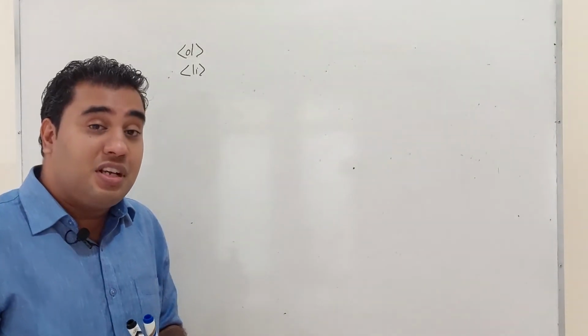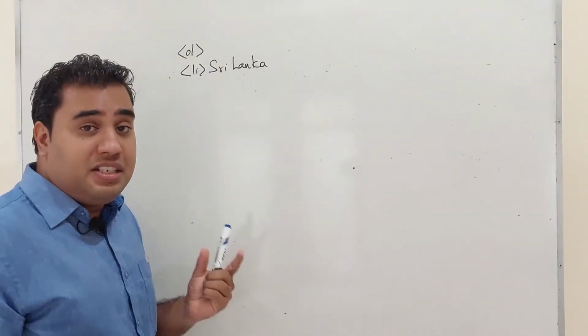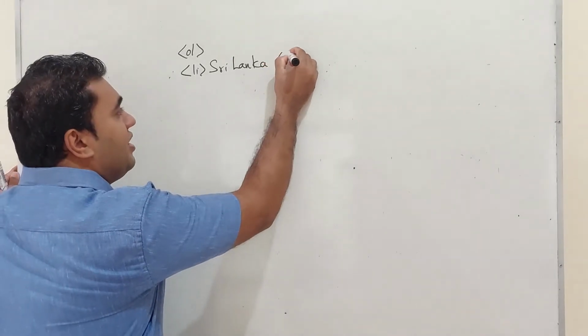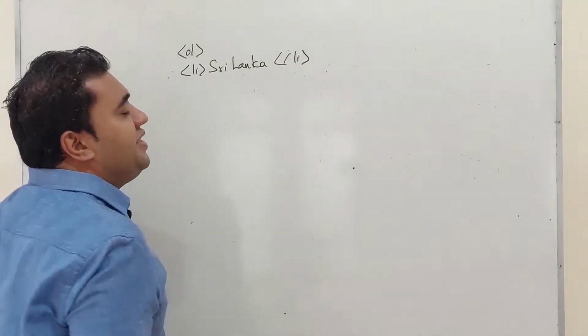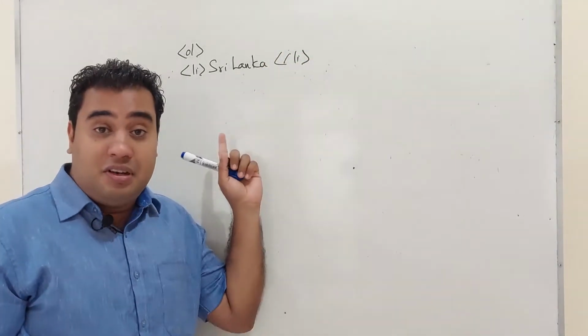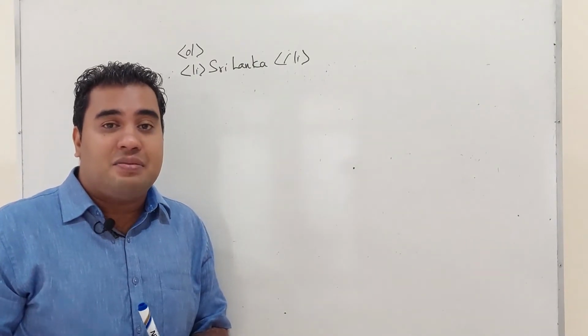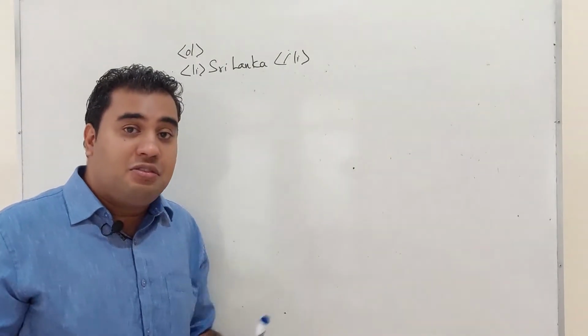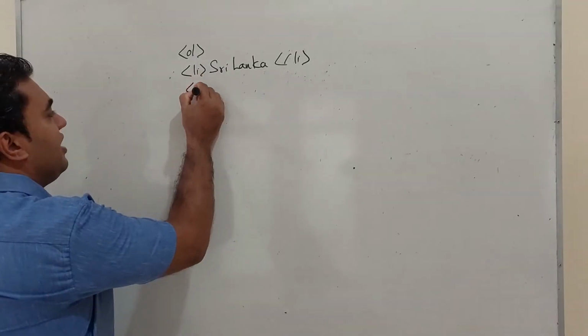Let's just put some countries into a list. At the end of that particular item, we have to end the LI tag as well. That is the end of the first list item. To insert another item, we have to start another LI tag.